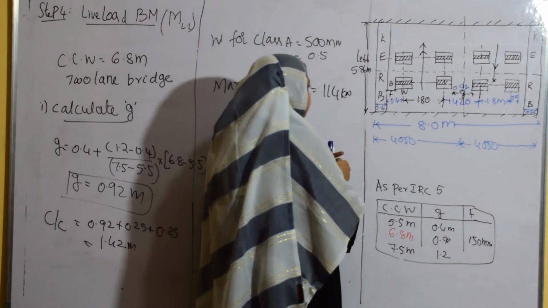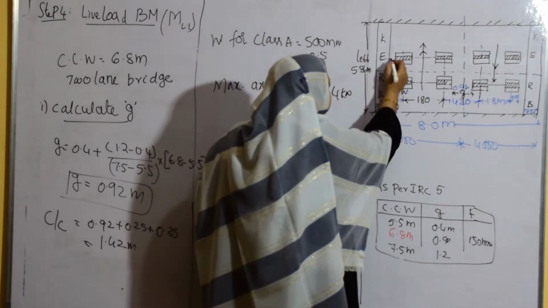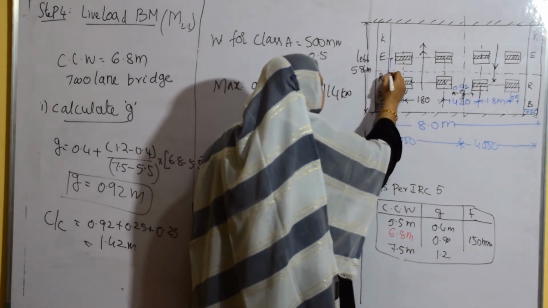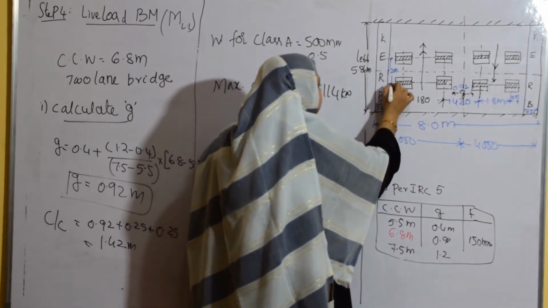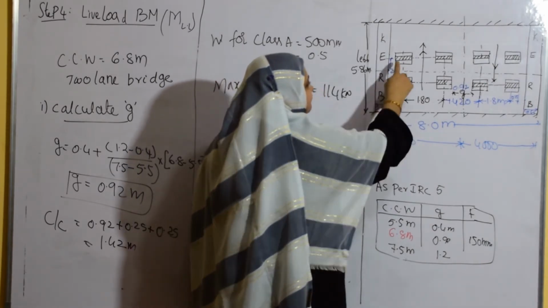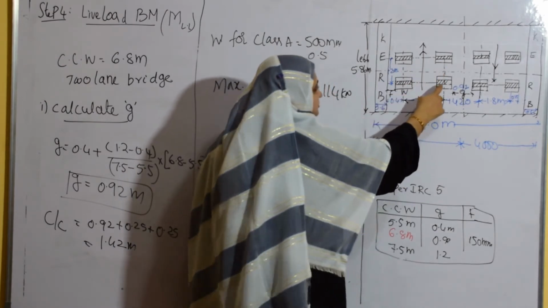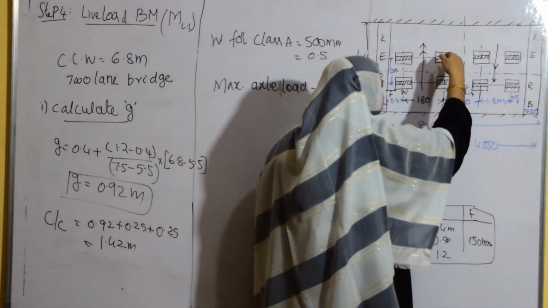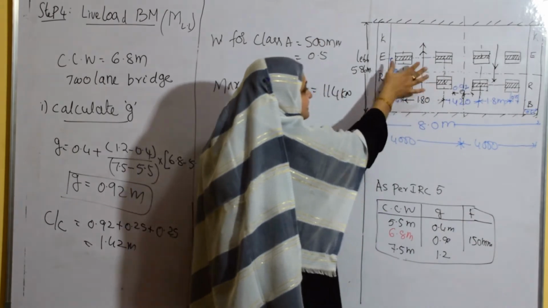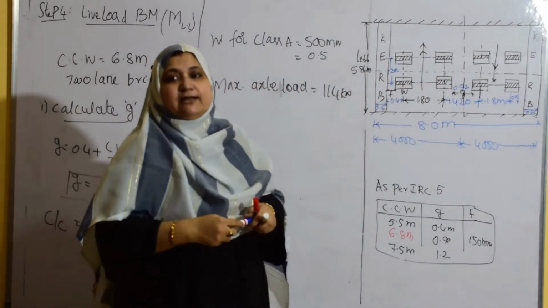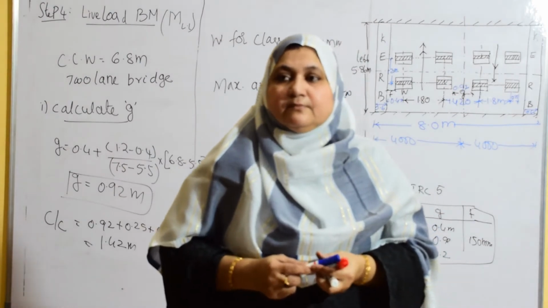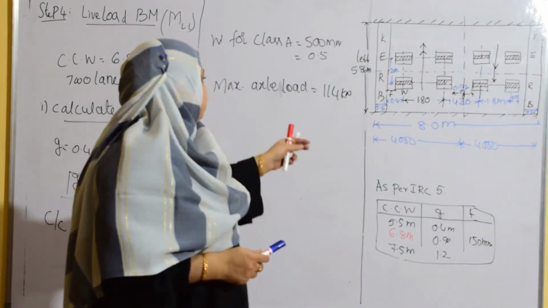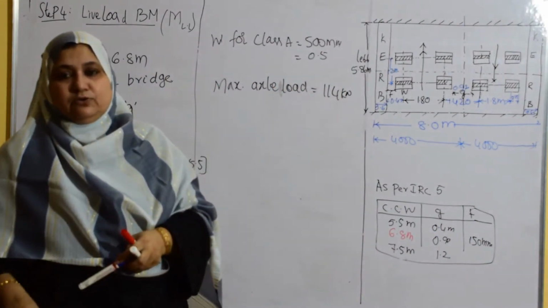If you remember, this was 1.2 meters center to center, for axial 1 and axial 2. This is going in this direction, so we have to place it symmetrically about the centroidal axis of the slab. Now the maximum axial is 114 kilonewton, right.